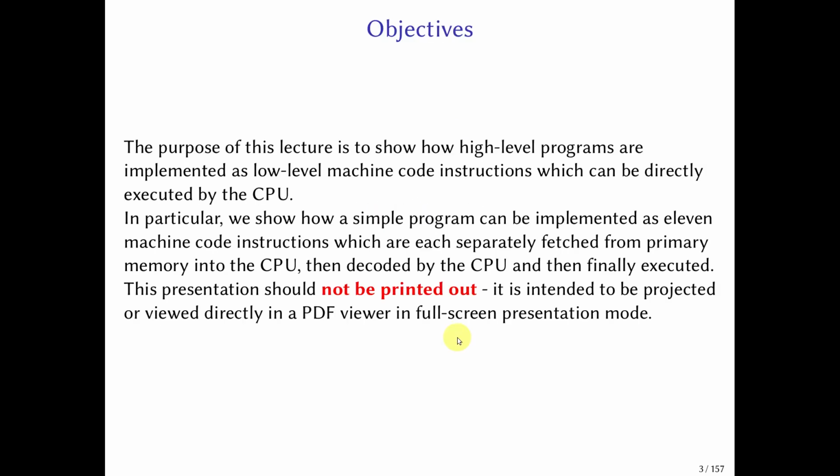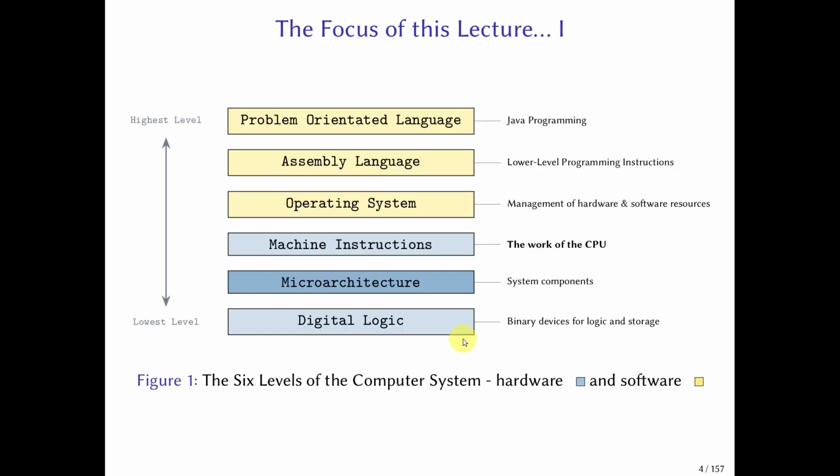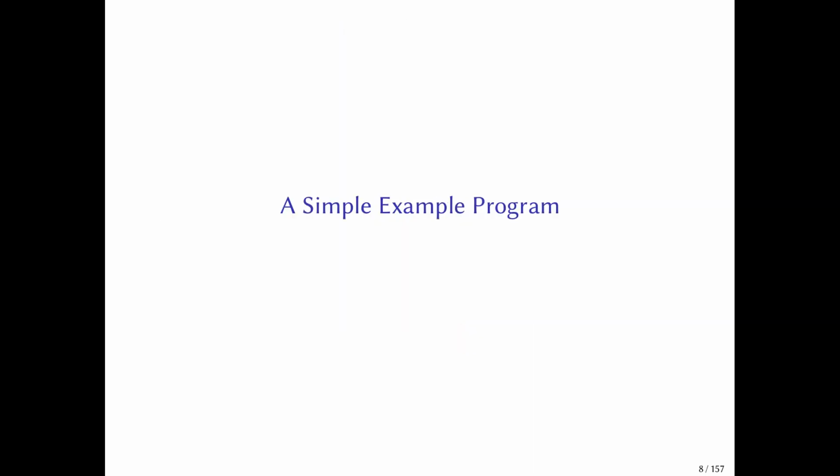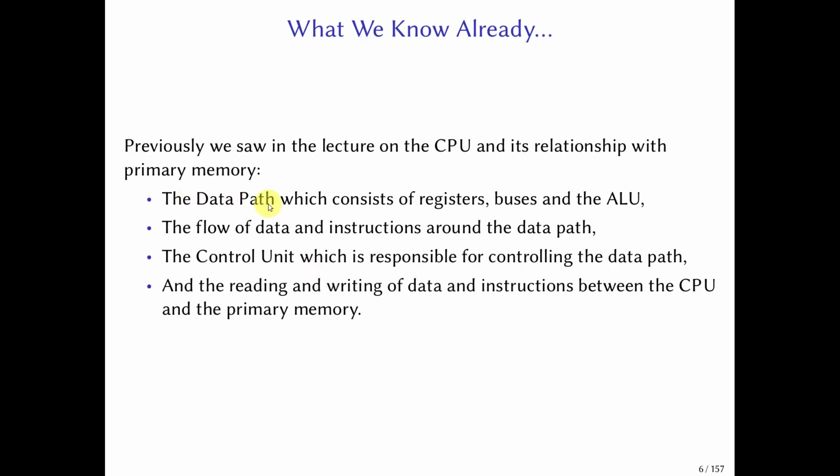So as you know, the object of the lecture is to basically show you how a simple program can be executed. At the very beginning of the lecture we spend a little bit of time talking about the various components of the computer. We talk, for example, about the data path, the flow of data and instructions around the data path, the role of the control unit in terms of the work that it carries out, controlling the fetching and decoding and executing of machine code instructions.